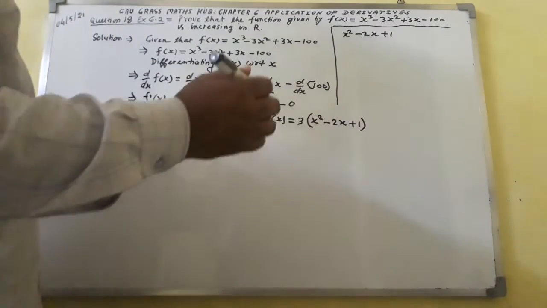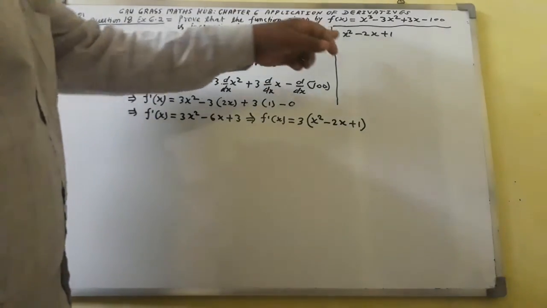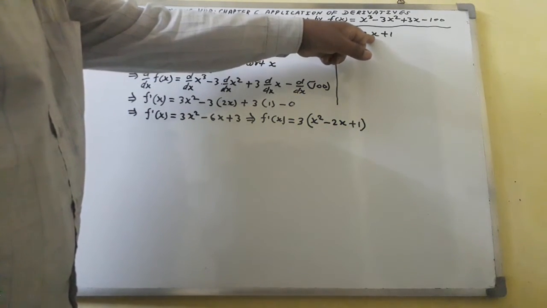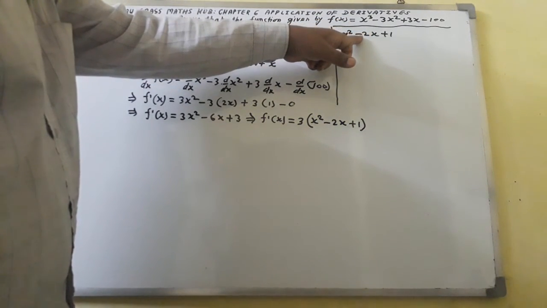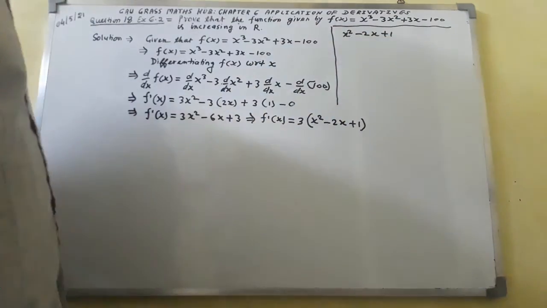Therefore, the coefficient of x square will be 1, the coefficient of x will be minus 2, the constant will be plus 1.